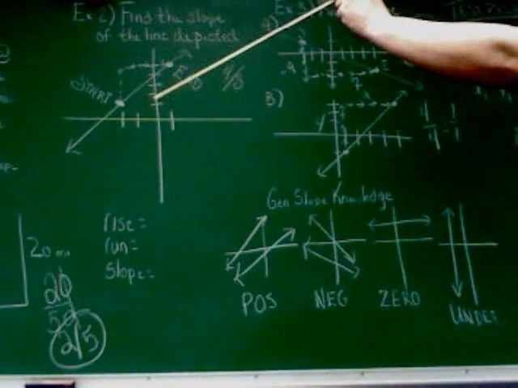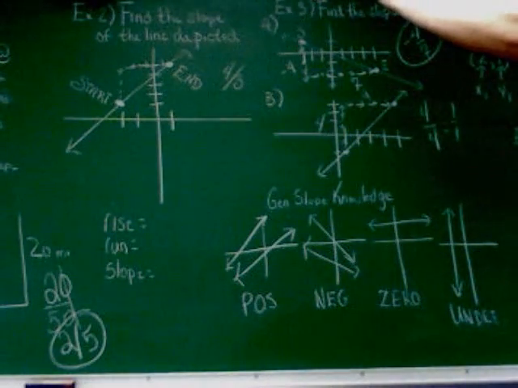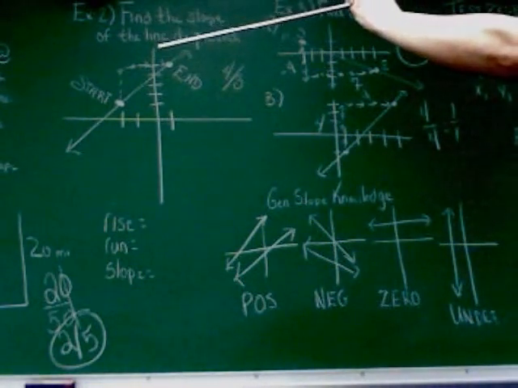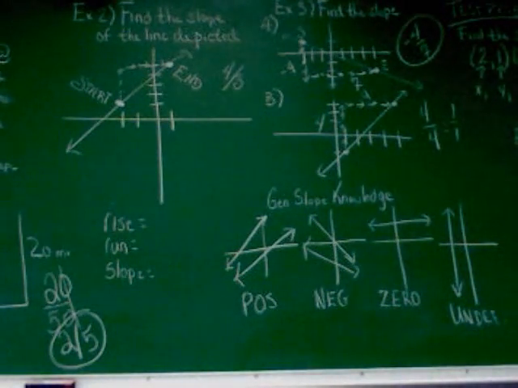So whether it's tipped up real steep like that, or just barely tipped up, that would be considered positive slope. Negative is when it tips down from left to right. So whether it's real steep like that, not nearly as steep, or barely steep, that's considered negative slope.